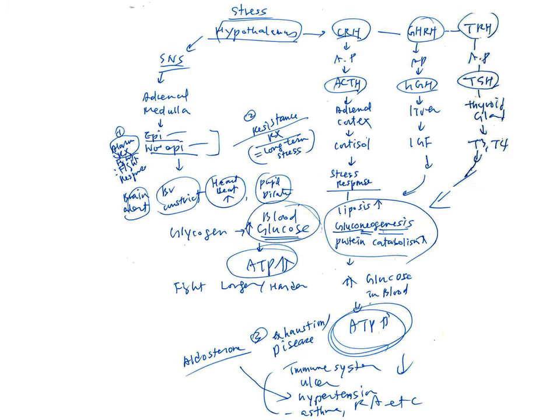And then when the body keeps trying to break down all the sources of energy, glucose and glycogen breakdown, new glucose formation, and then fat breaks down, and then protein breaks down, in the end you reach exhaustion, and the immune system goes down, creating ulcer, hypertension, rheumatoid arthritis, asthma, etc. And here aldosterone has effects of hypertension, and in the end your body will exhaust, and then disease occurs, and then death occurs.